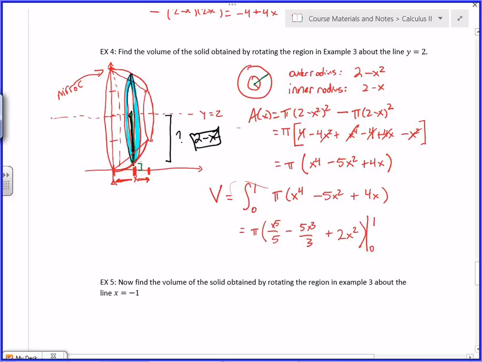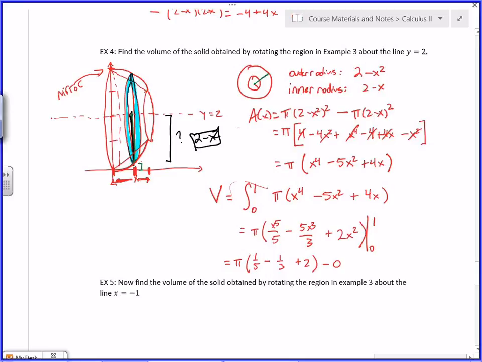Zero to 1, which will give me pi times 1/5 minus 1/3 plus 2, minus 0, because 0 in all those gives me 0.